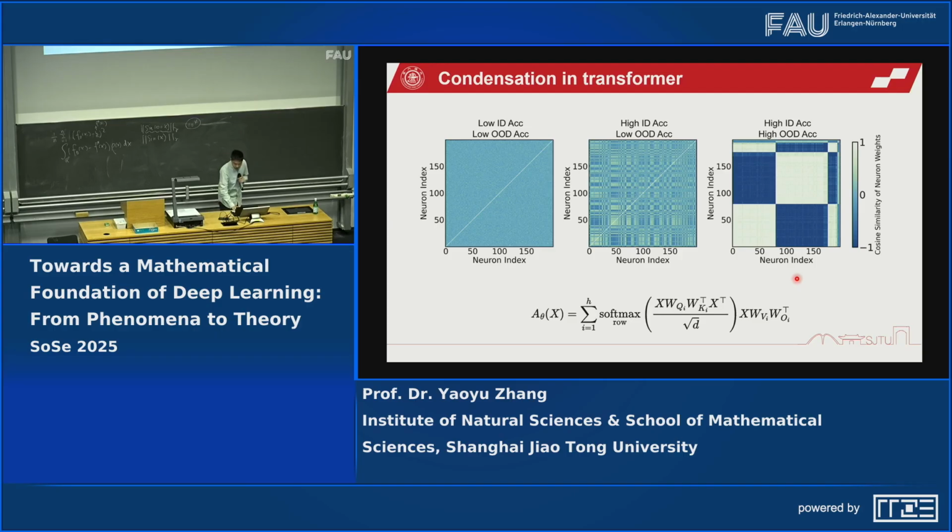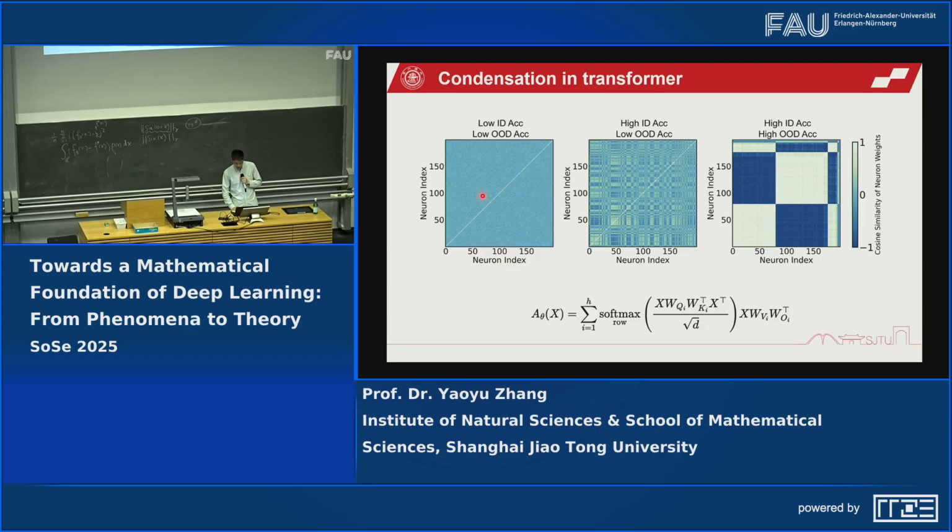And then we train this transformer with relatively simple, more synthetic data. And what we observe is that if we look at this WQ, its different rows, and we look at their cosine similarity, most of them are actually quite aligned.